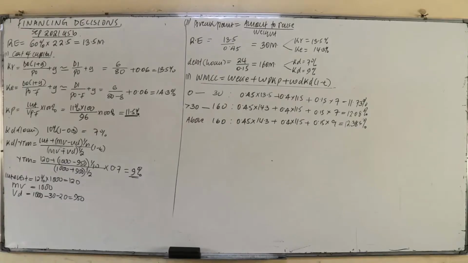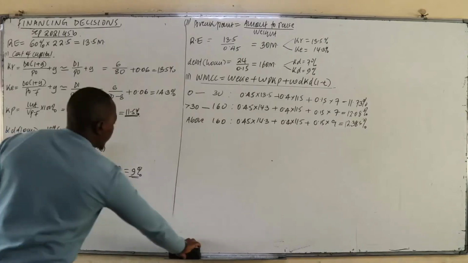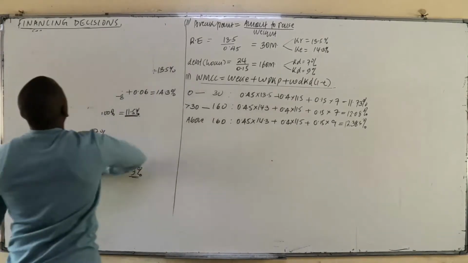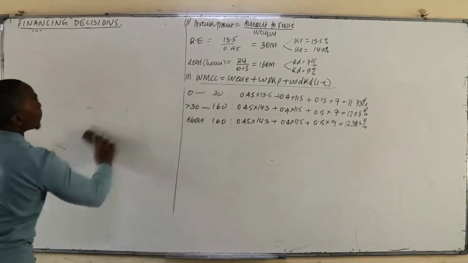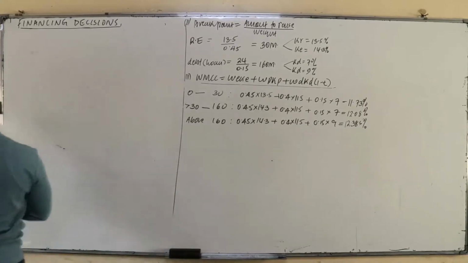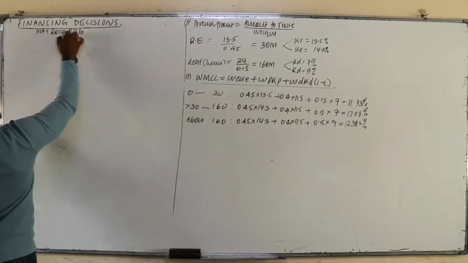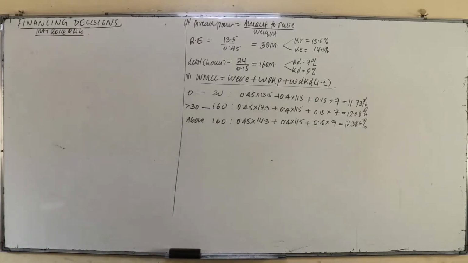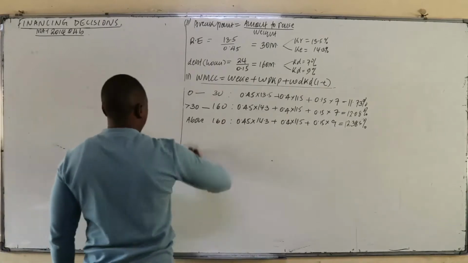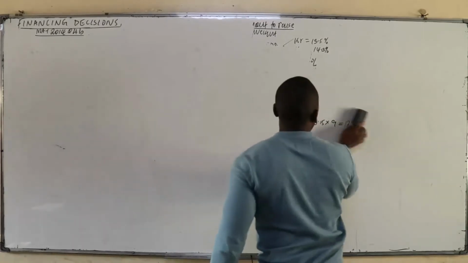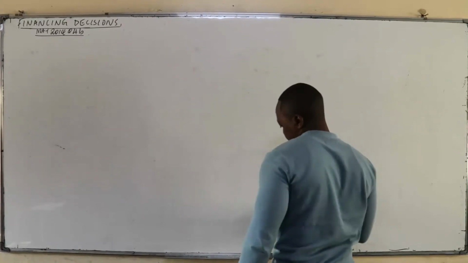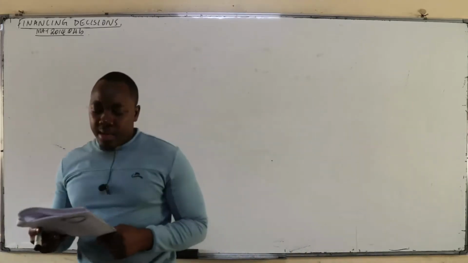May 2014. Question 4B. The following is the capital structure of Ghana Limited.